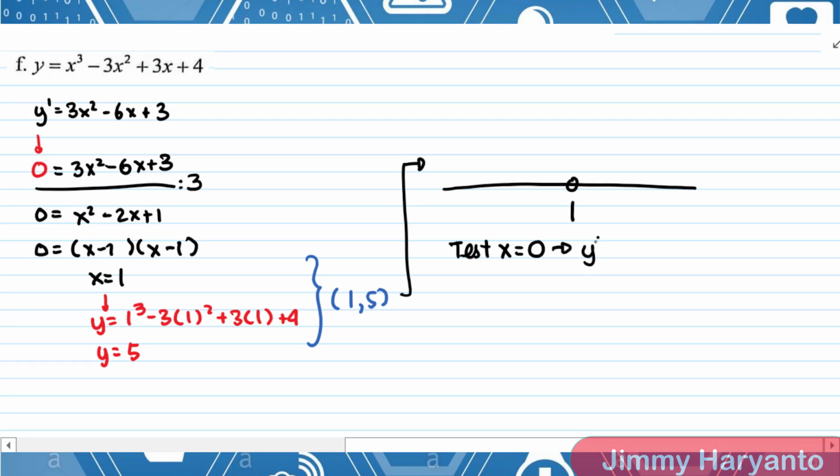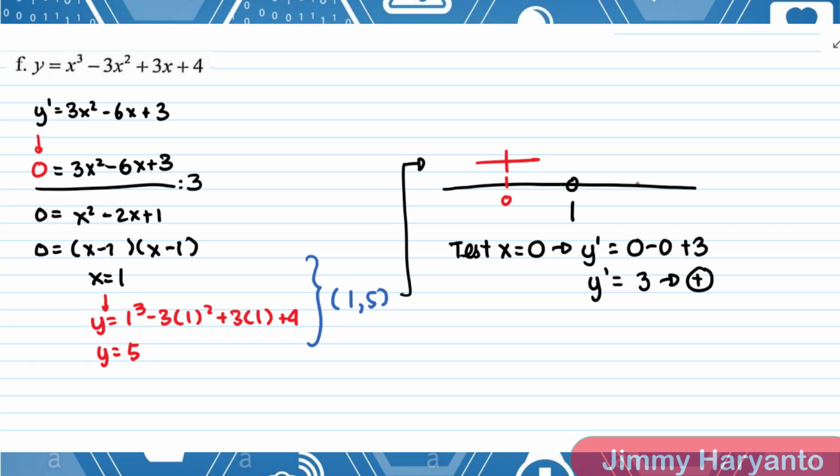For x equals 0, the y-accent will be 0 minus 0 plus 3. So the value is 3, and that means it's positive. So for x equals 0, it will be positive. It's right here.